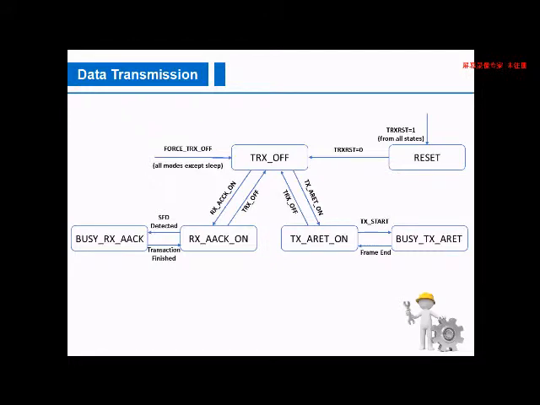In this state, a frame receive and an acknowledgement procedure will be done. Then there will be an interrupt to indicate the completion of the frame reception. The data received will be stored in a frame buffer, and the state will go back to RX AACK on. Then receiving is over. And this is the part on how data is transmitted.